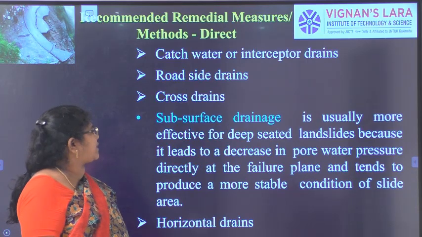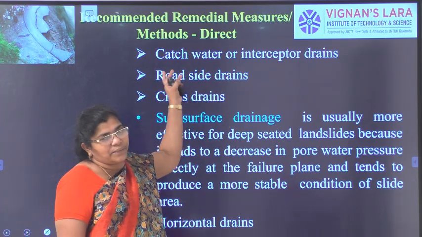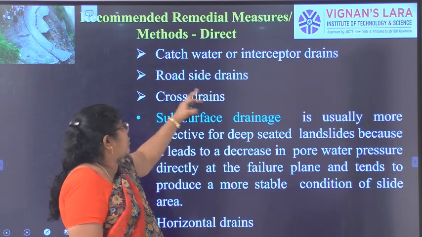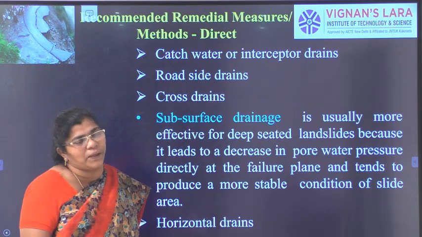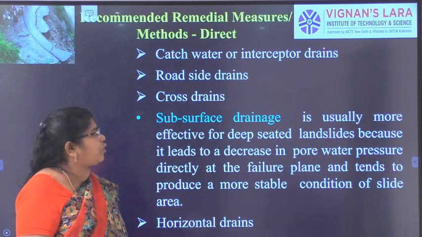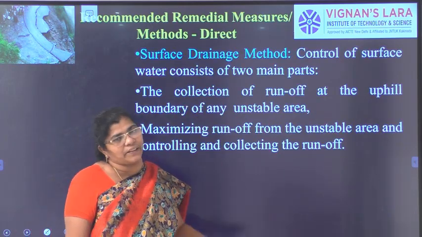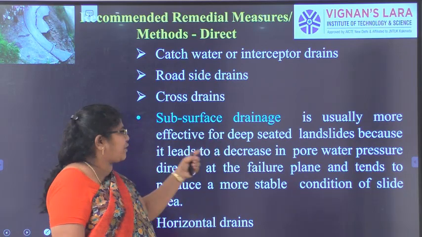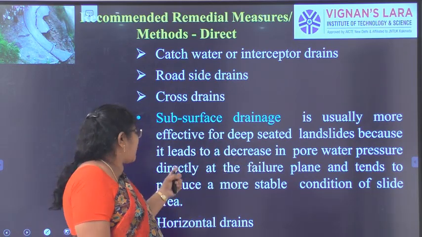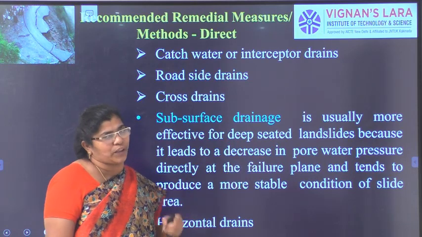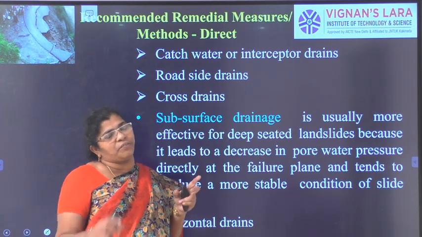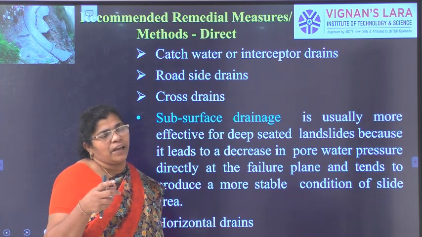The next one is the catch water, that is mainly for the surface drainage. Catch water and interceptor drains, roadside drains and cross drains have to be properly laid in order to make this surface drainage method effective. The subsurface drainage is usually more effective for deeper seated stagnant water because it leads to a decrease in pore water pressure. And in the subsurface drainage also, not fully covered drainage pipes can be used.